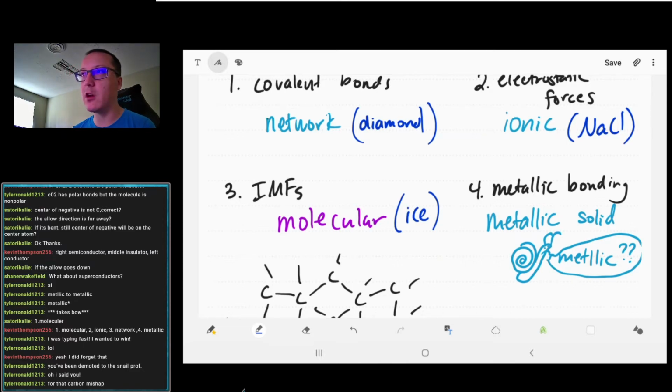Those are just non-polar molecules. They are just held together by van der Waals forces. That's it. Metallic solid is the easiest one, of course. Think of copper or something like that, where you just have one simple metal. Graphite would be another example if you wanted to think of another network solid.